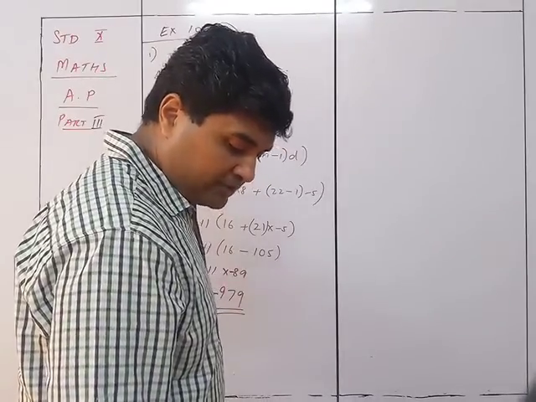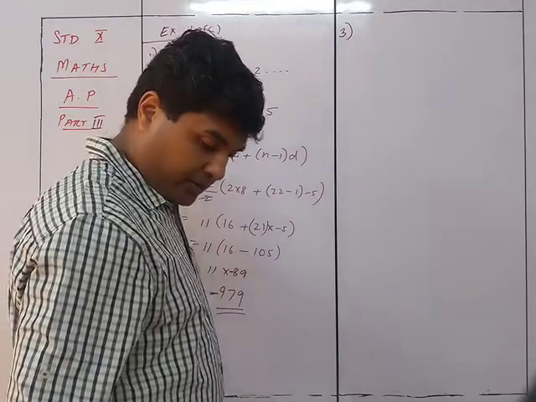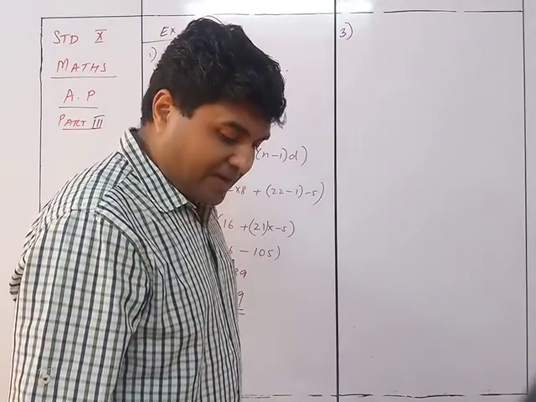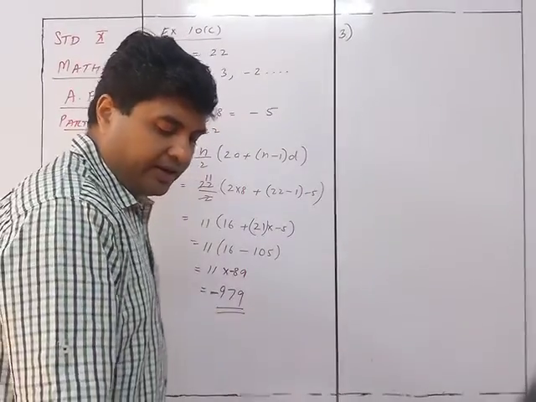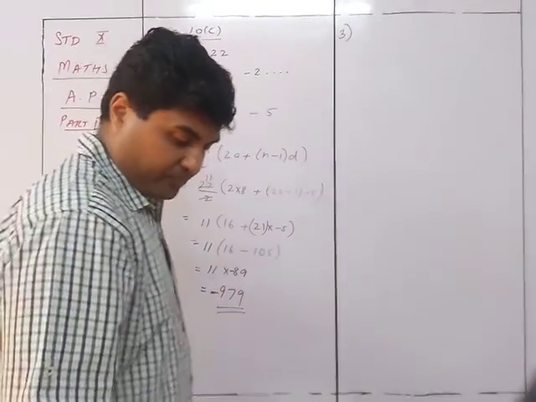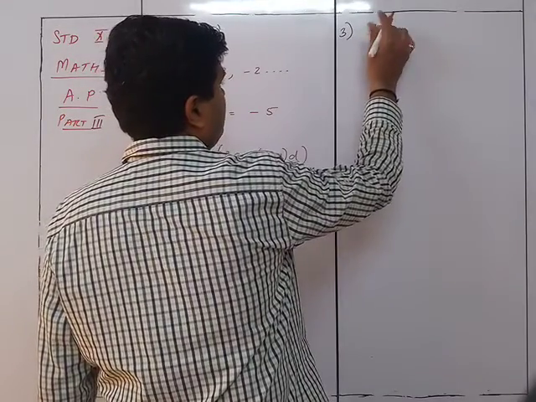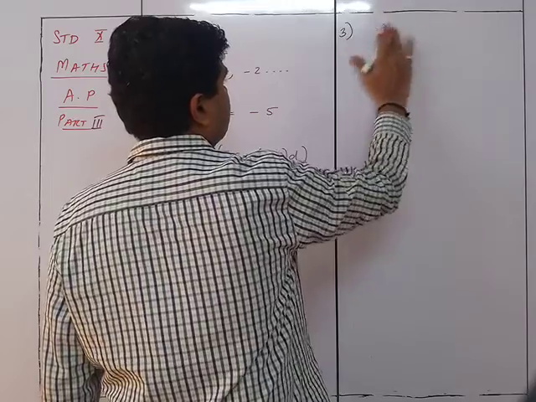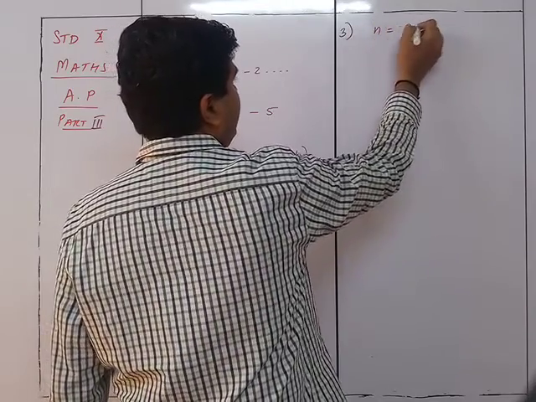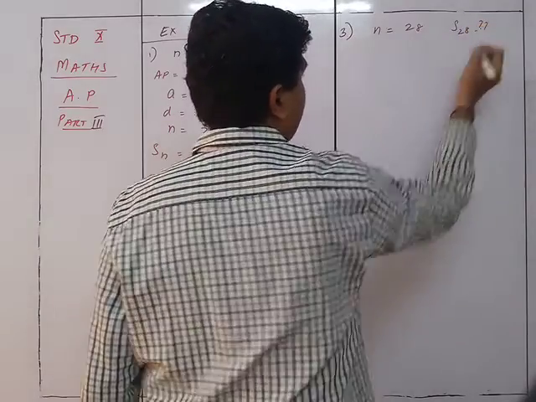We now move on to sum number 3. Find the sum of 28 terms of an AP whose nth term is 8n minus 5. So n is equal to 28 and we need to find S28.